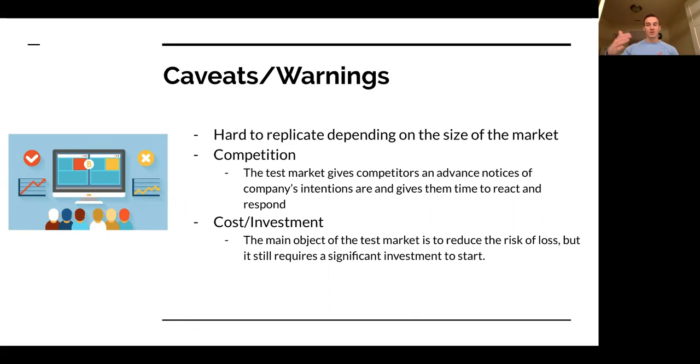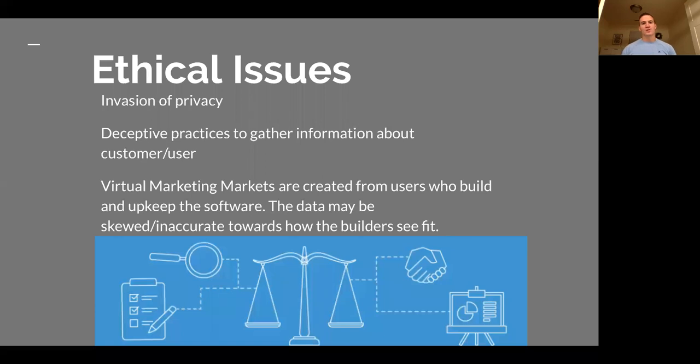So before they even have a bunch of inventory made, it allows the competitor the ability to see their product. And although it is believed that the cost of this is overall a lot cheaper, there's still a cost associated with putting the product into the software and paying to keep it up and to make changes and things like that.